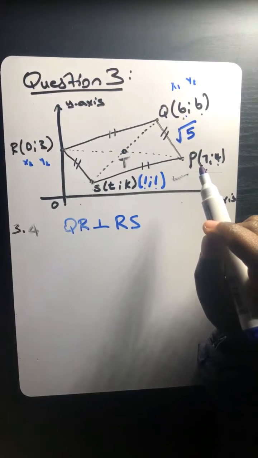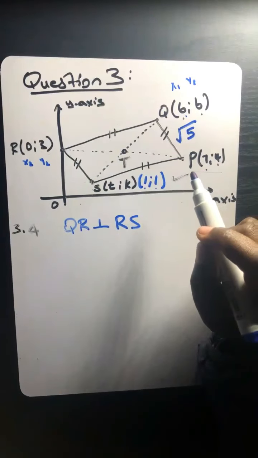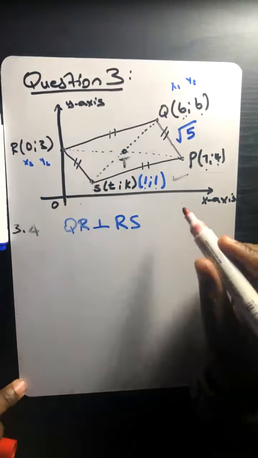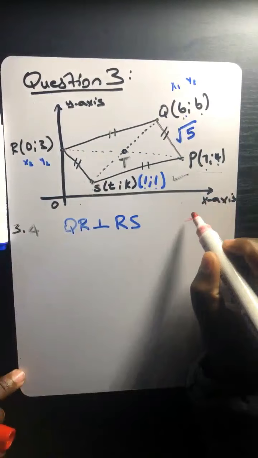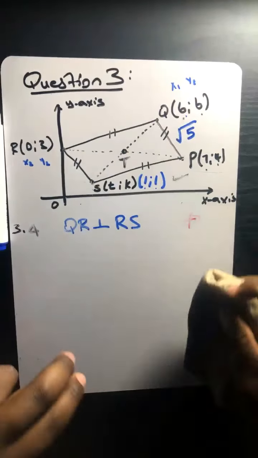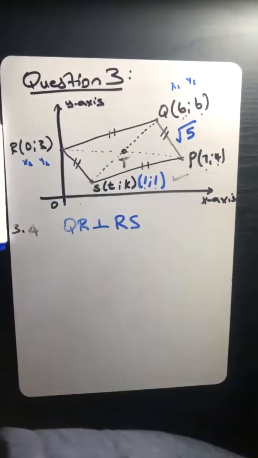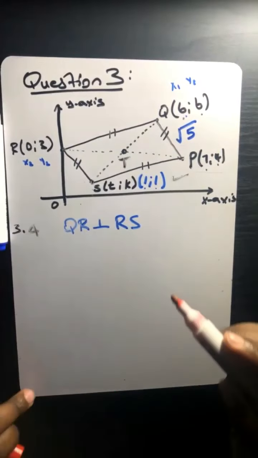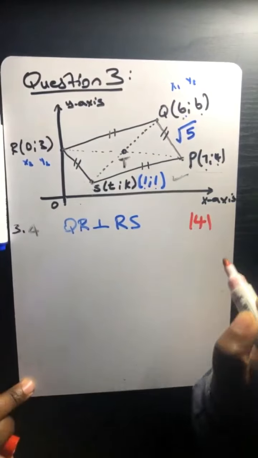So show that QR is perpendicular to RS, and this question is allocated 4 marks. So guys, we've got marks here. For every question that we do, remember, let me just write that this is allocated 4 marks.